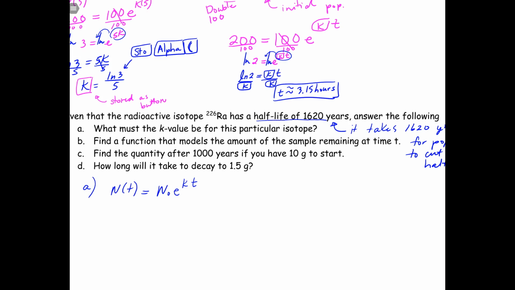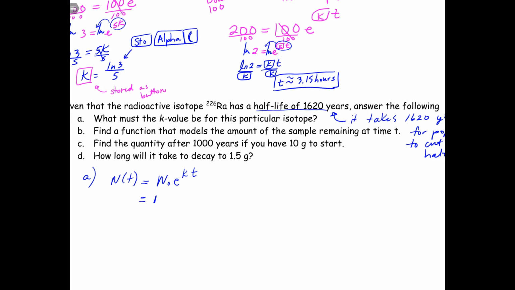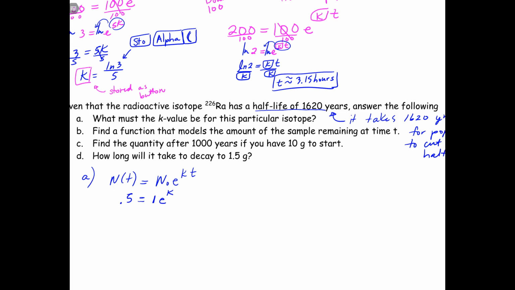Now, if I was looking at the initial population of, for example, 1, so let's just call it 1, for like maybe it's 100, maybe it's 300, maybe it's 500. What would be the half-life? 0.5. So I have 0.5 equals 1 times E raised to the K times, what should be the time? Yep, it takes 1,620 years.